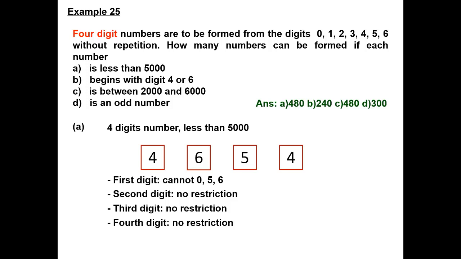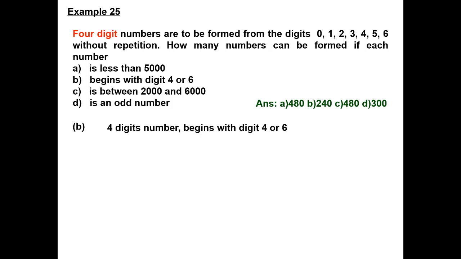Lastly, for the fourth digit, there is also no restriction. Because we have already used 3 numbers, we are left with 4 choices. The permutation that we get is 4 times 6 times 5 times 4 equals 480.